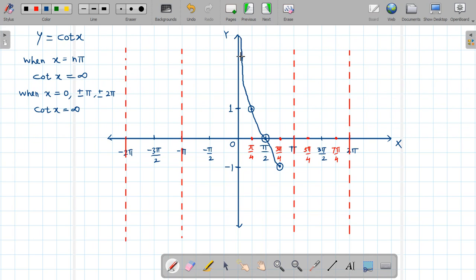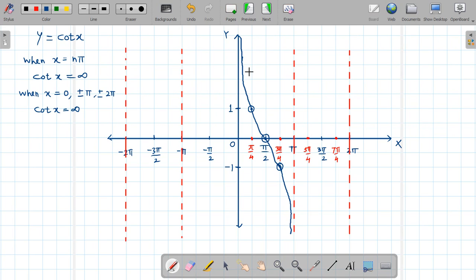So do not touch the line, and just draw or extend this line as an increasing function up to infinity. Similarly, in the downward direction, whenever you reach pi then it becomes infinity. So we have to show graphically like this, do not touch the red line, and that's why you will get the curve of the cot function like this.